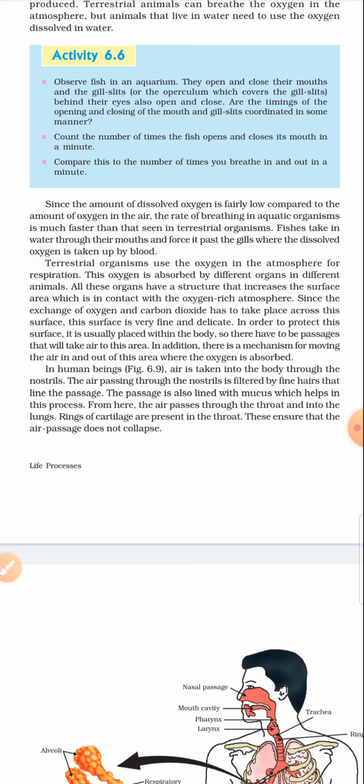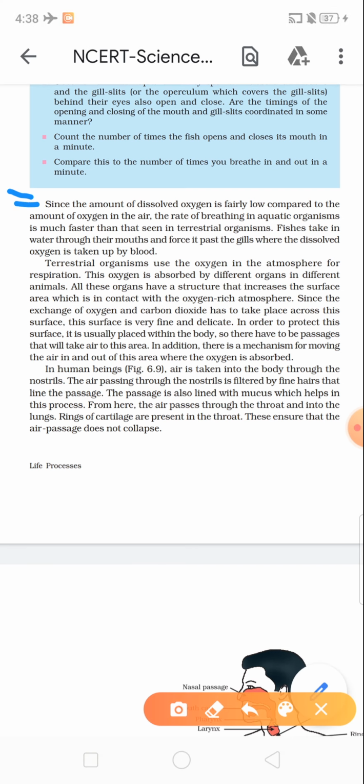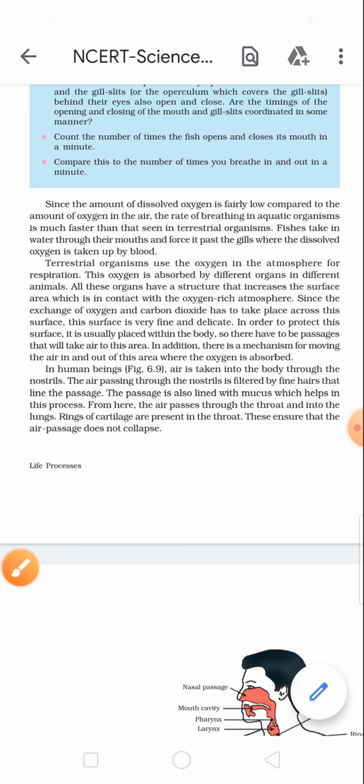Since the amount of dissolved oxygen is fairly low, dissolved oxygen means the oxygen which gets mixed or dissolved in water, and it is fairly low compared to the amount of oxygen in the air. The rate of breathing in aquatic organisms is much faster than that seen in terrestrial organisms.